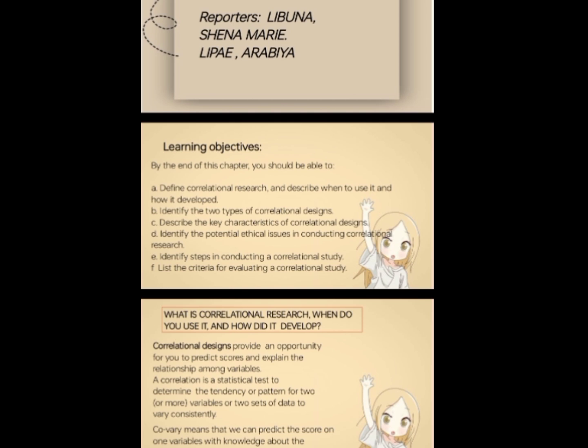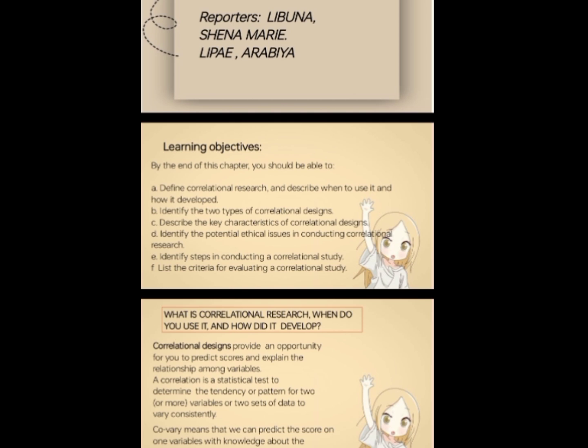If there's a positive correlation between these two variables, it means that as study time increases, exam scores also tend to increase. Conversely, if there's a negative correlation, it means that as the study time increases, exam scores tend to decrease.